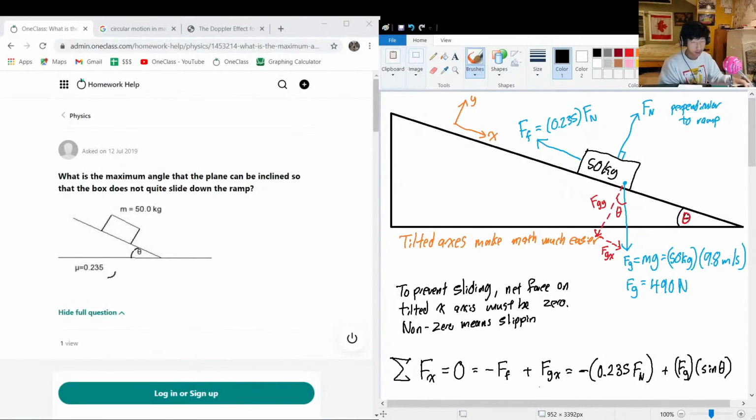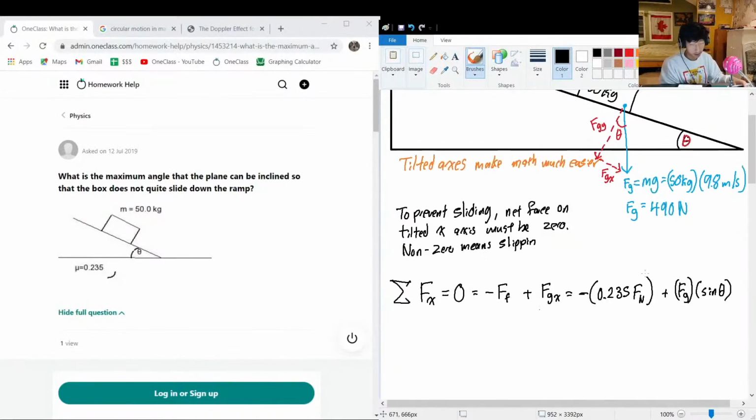Because you can see here from the diagram, from this little triangle associated with the gravitational force, if we want to get FGx, which is down the slope, you can see with some trigonometric magic that it's going to have to be the angle, right? But we have no idea what Fn is.